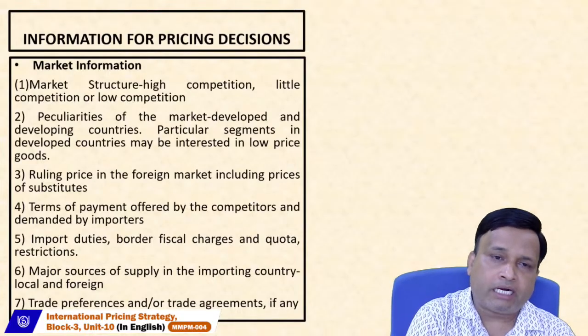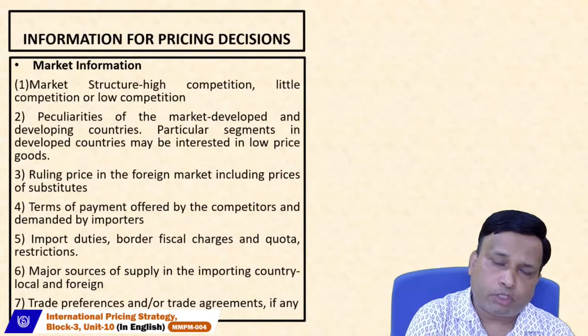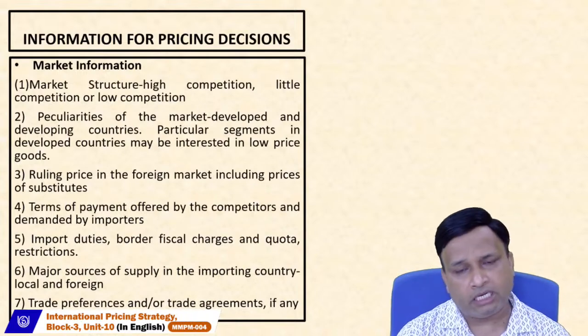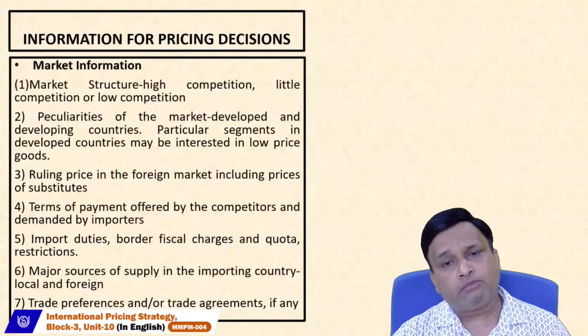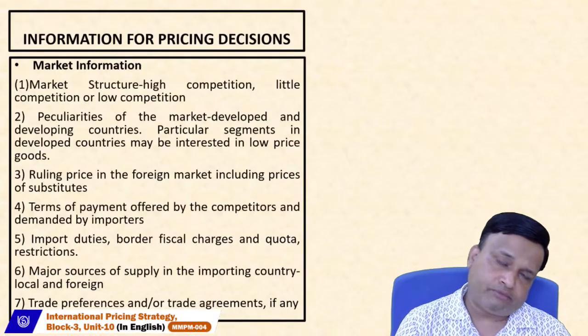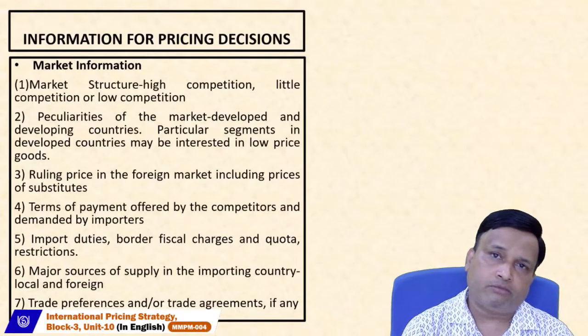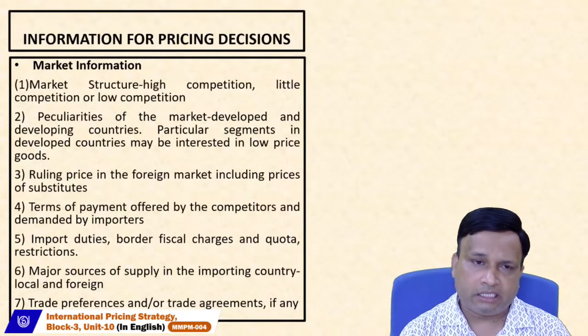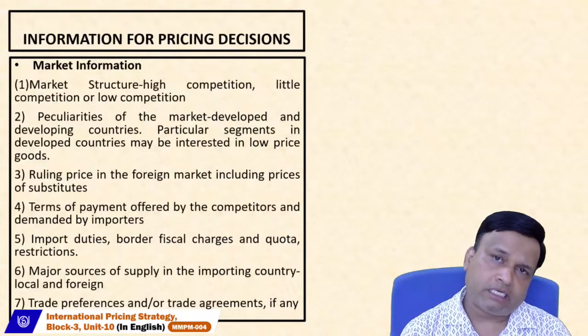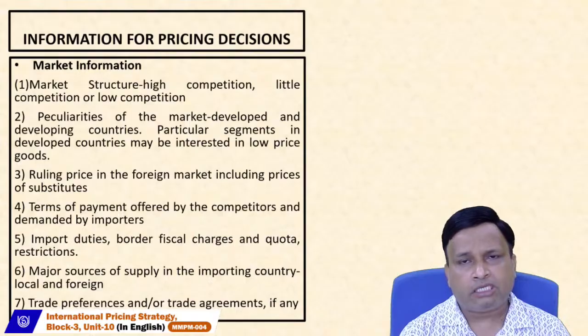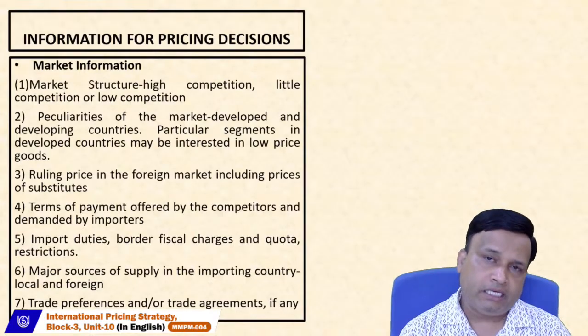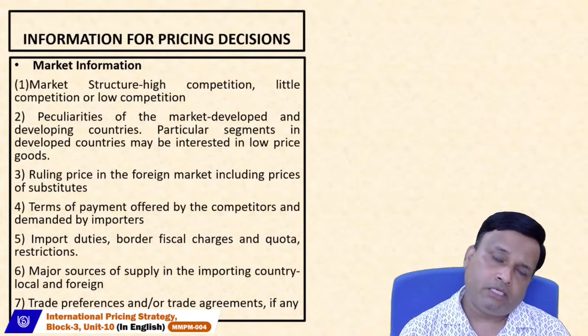In developing countries, and particular segments in the developed countries, customers may be interested in low price. I have already talked about that. Indian customers are basically price sensitive. Take the case of Uber. Uber is an international company, and so is Amazon. When they enter the Indian market, they know the Indian customers are price sensitive. If anything is offered free, it will become their habit.